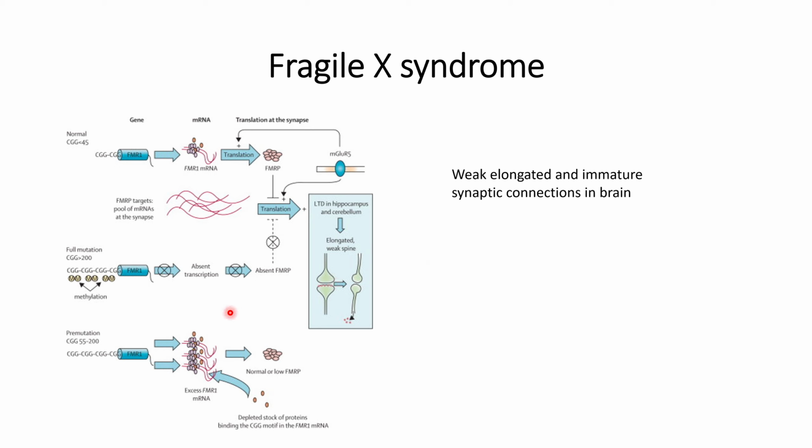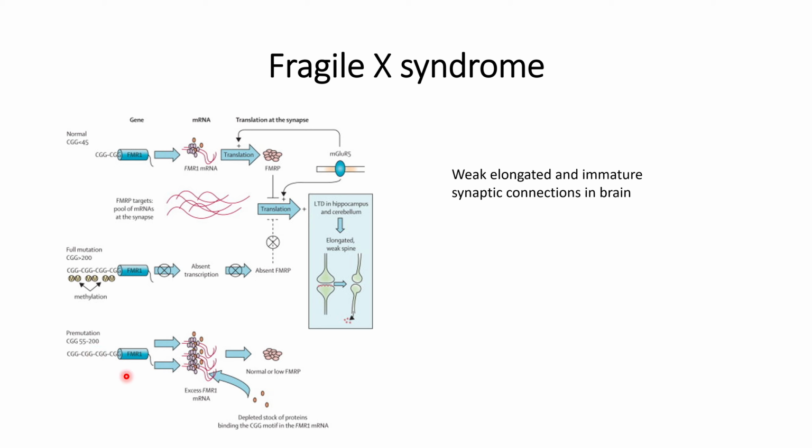And there is another condition, which is known as premutation. The condition of premutation is that the sequence of CGG is between 55 and 200, and in this case the repeats of CGG are higher than normal but lower than the full mutation.